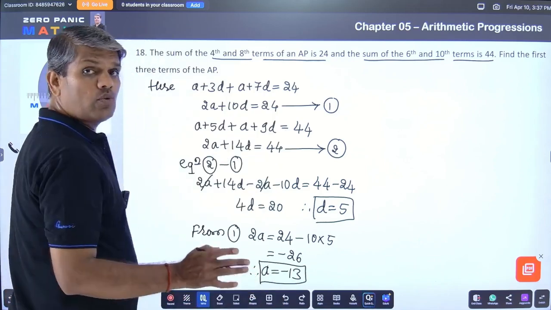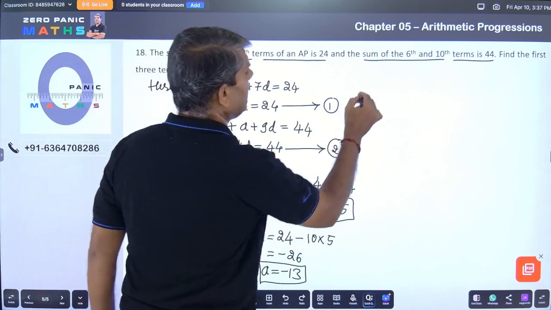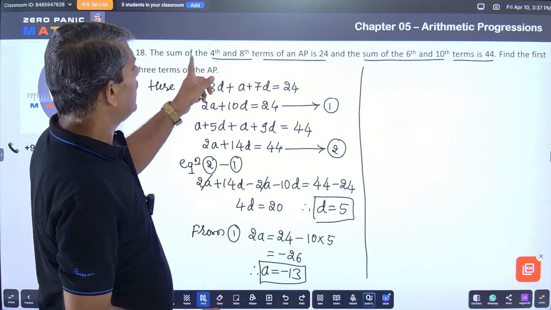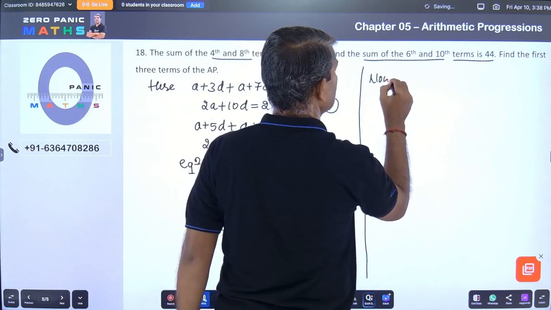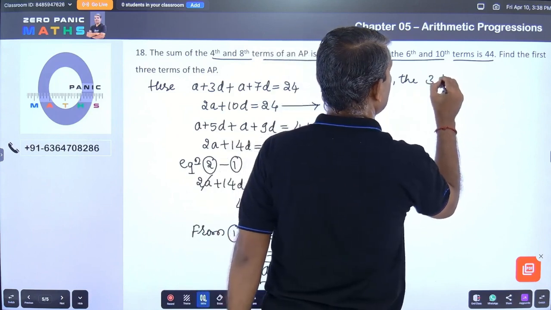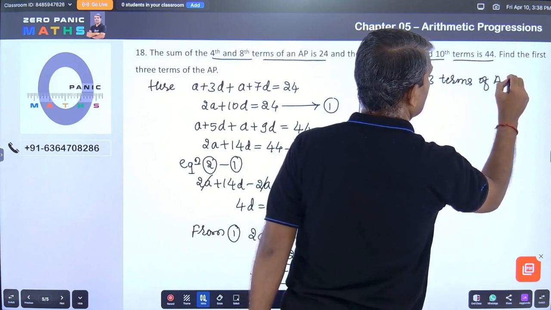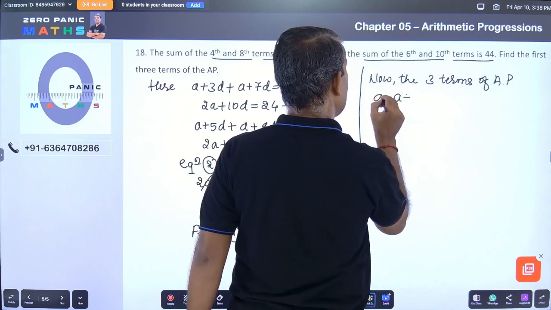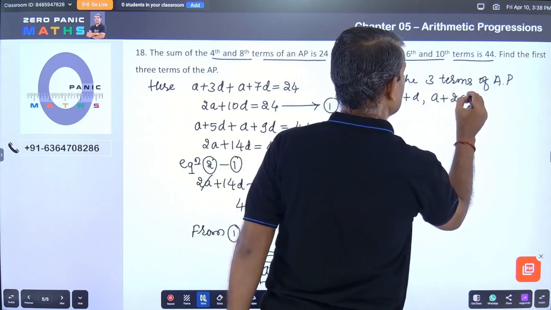Now with A equal to minus 13 and D equal to 5, we can write the first three terms of the required AP. What are the first three terms? A, A plus D, and A plus 2D, right?